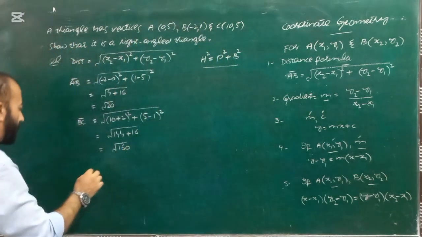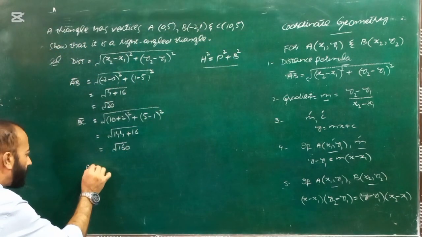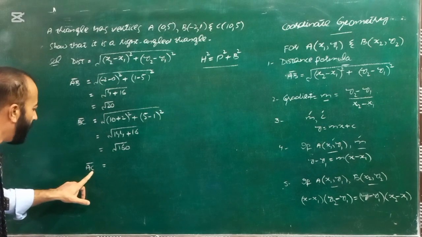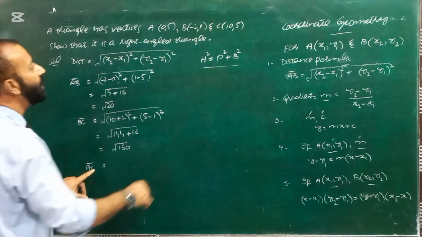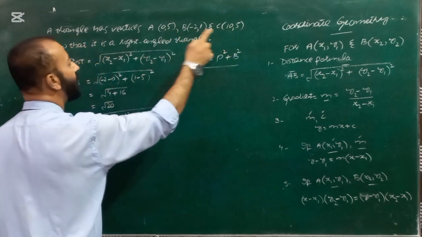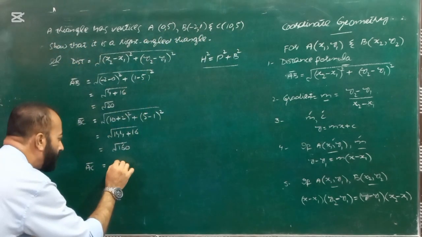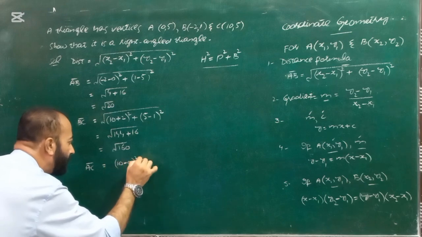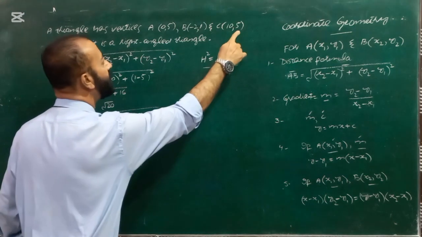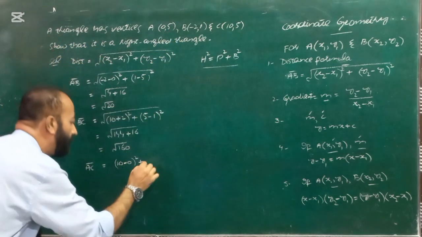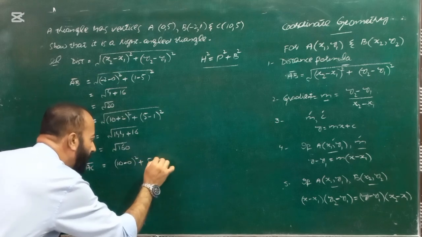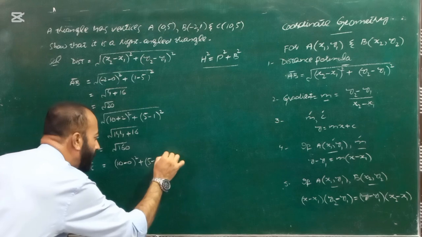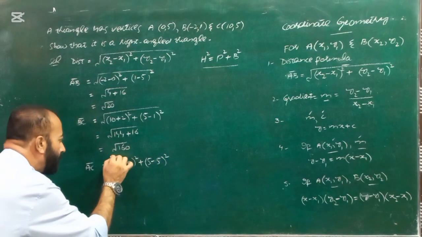And finally, we are going to find the AC distance. So the initial is x1, y1 and the later is x2, y2. So x2 minus x1, so 10 minus 0, whole square, plus y2 minus y1, so 5 minus 5, whole square, and whole square root.